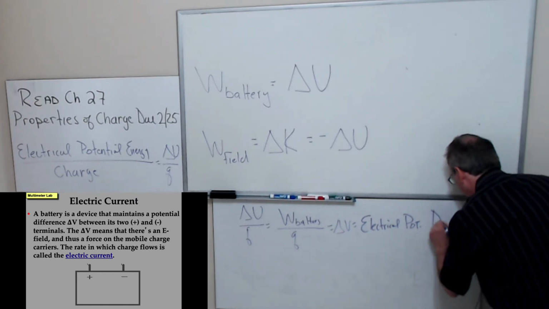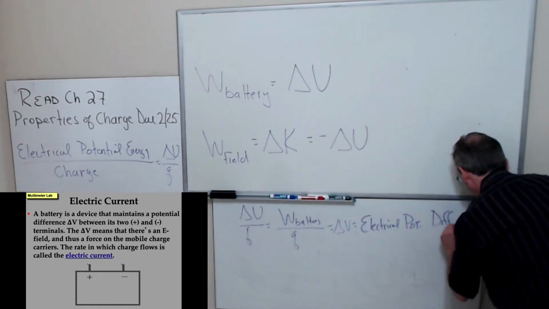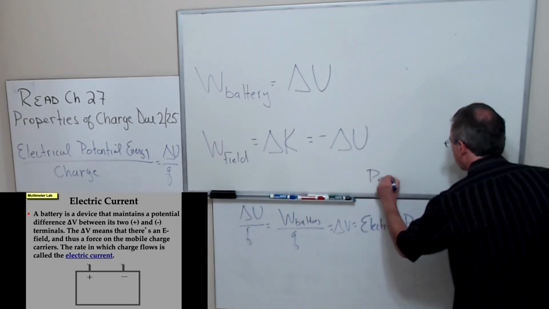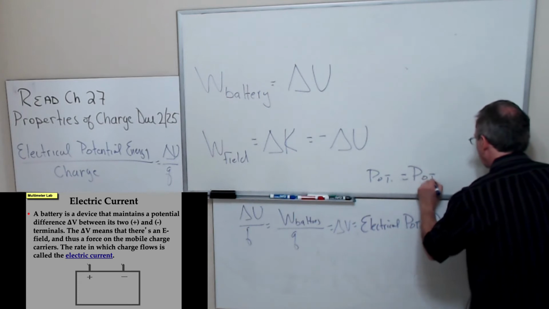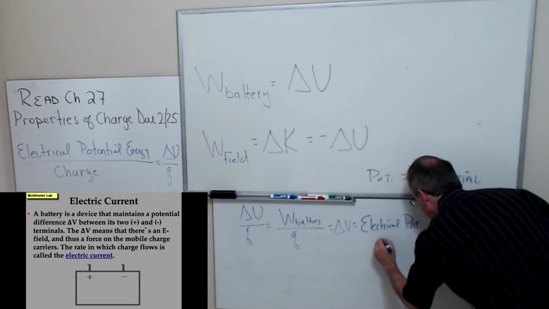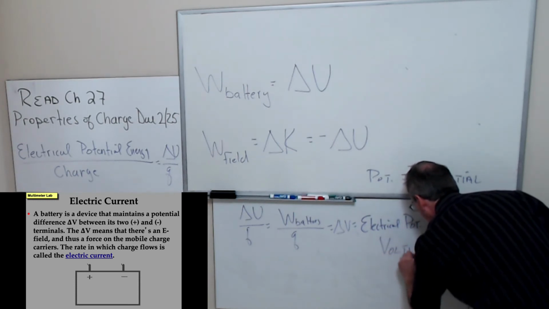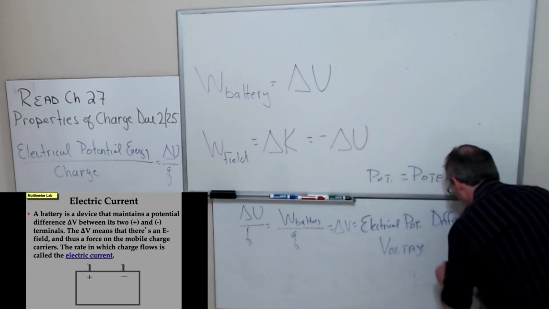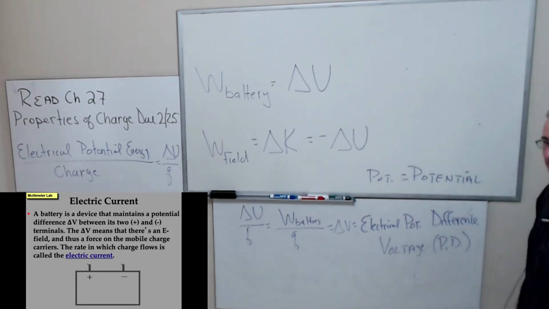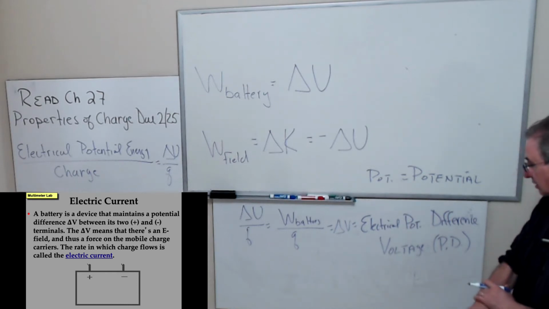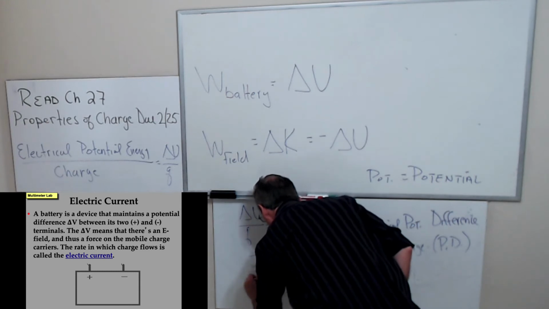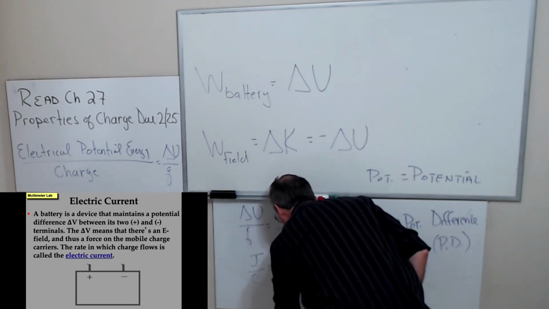Potential difference. This is also known as the voltage. We also talk about it as the PD, potential difference. So the units are joules per coulomb, or the volt.